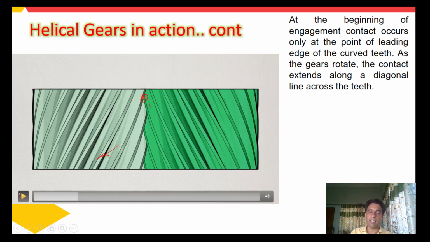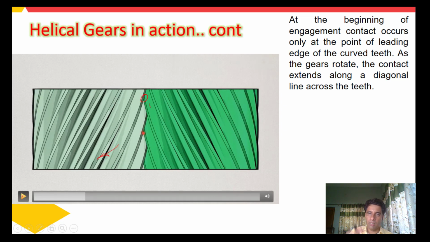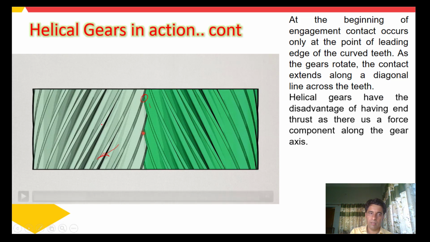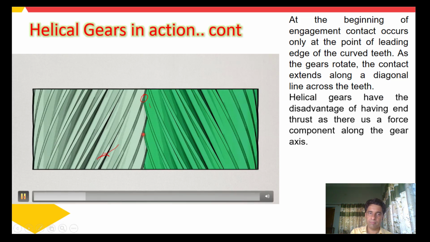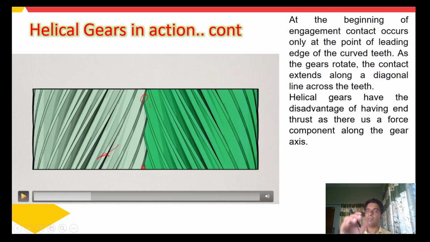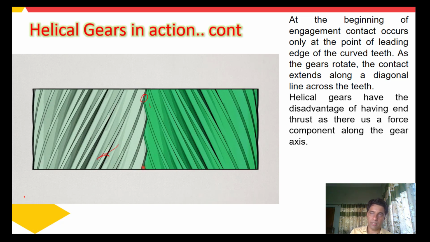Try to observe carefully that red point. You see how it is moving? Now it is at the end. So at the beginning of engagement, contact occurs only at the point of leading edge of the curved teeth. As the gear rotates, the contact extends along a diagonal line across the teeth.